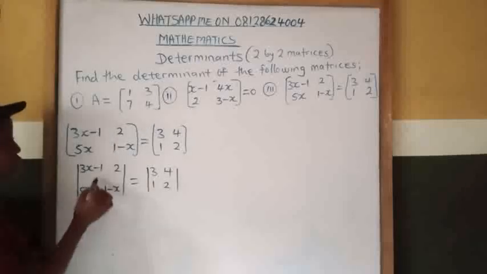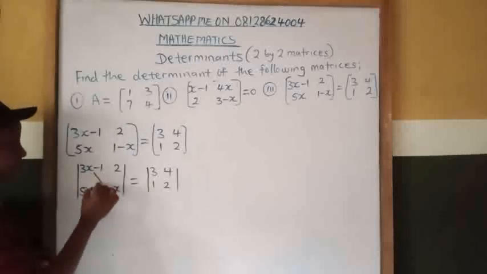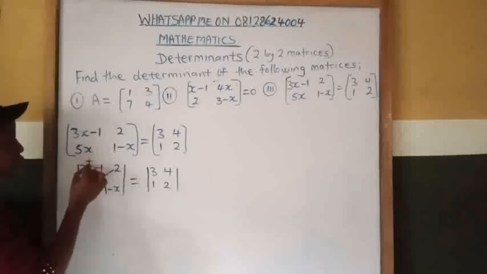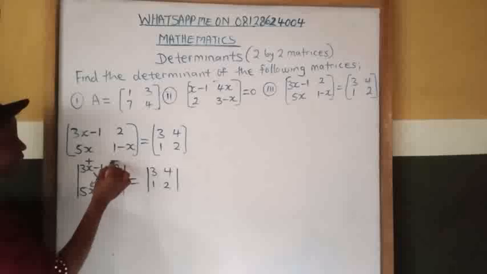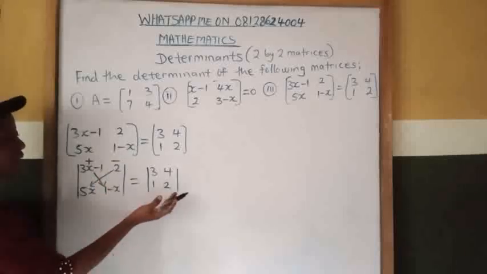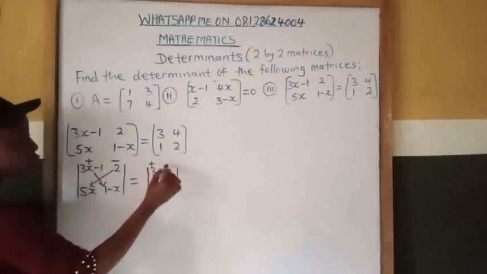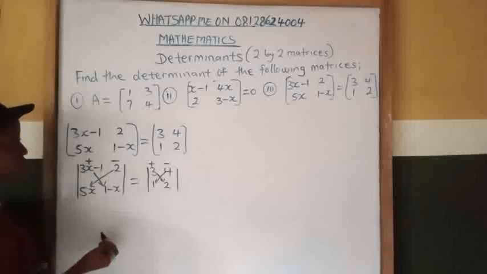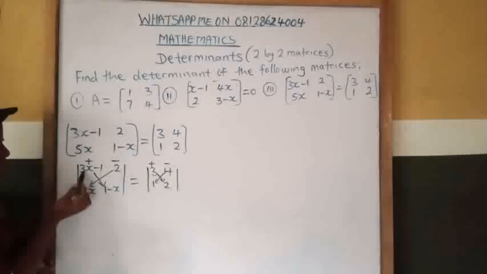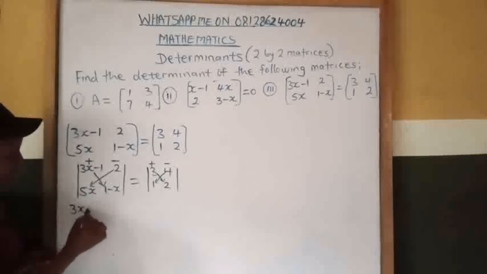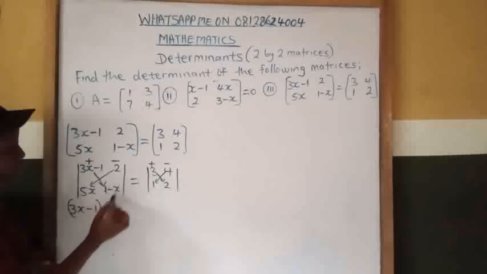So the next stage, to find the determinant, you cross multiply. Then assign positive to the first column, assign negative to the second column. So on the right hand side, you cross multiply. Now you multiply 3x minus 1 by 1 minus x.